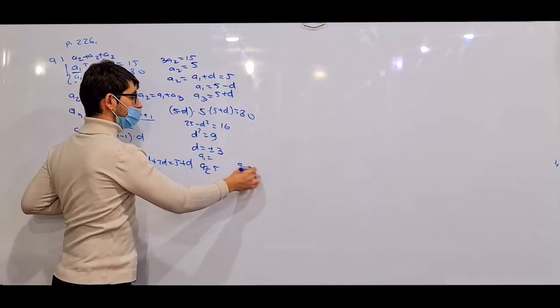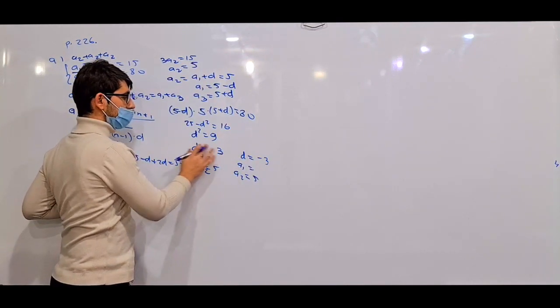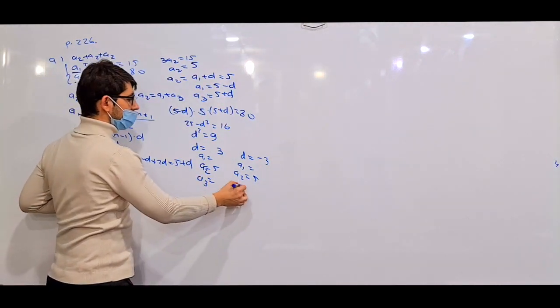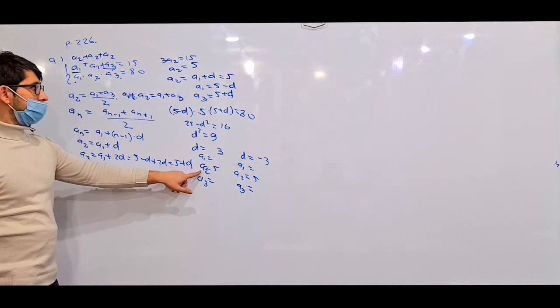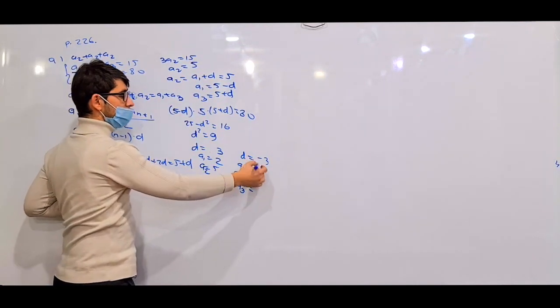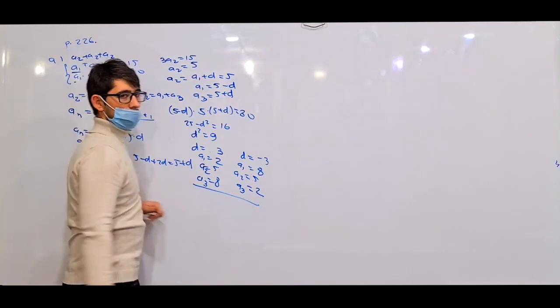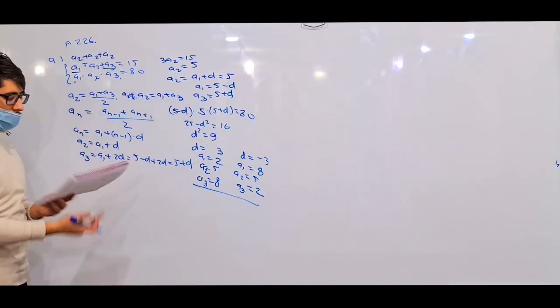Let's say the difference is 3. Can you tell me the first term? Second term 5 and the first is 8, and the third term is 2. Done, okay? We have found these 3 numbers: 2, 5 and 8.